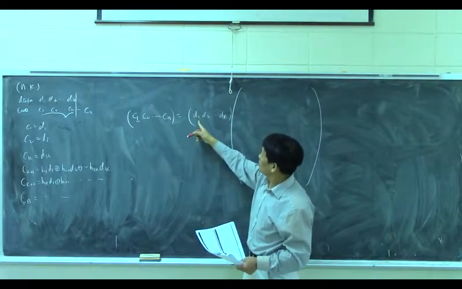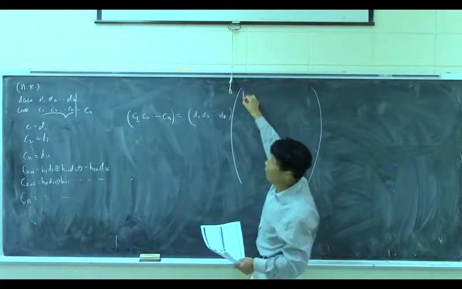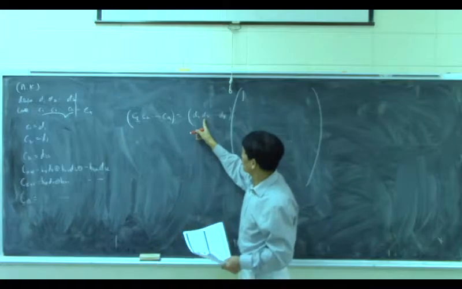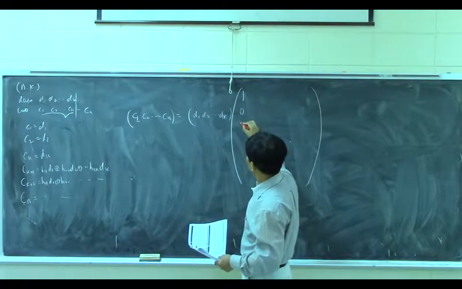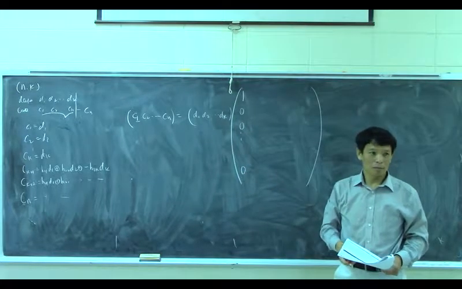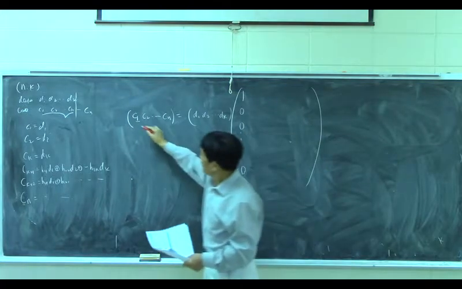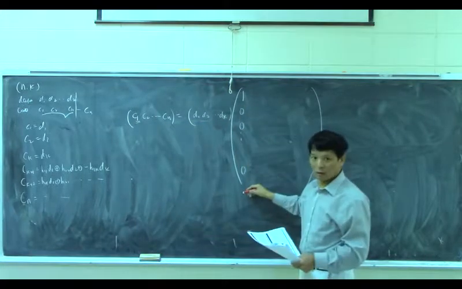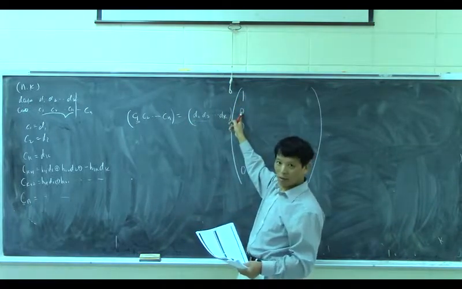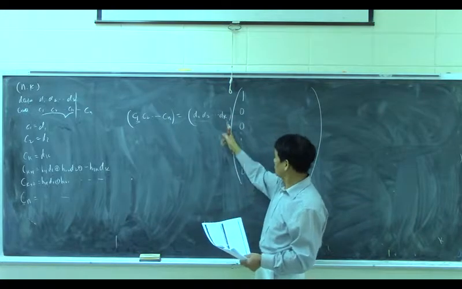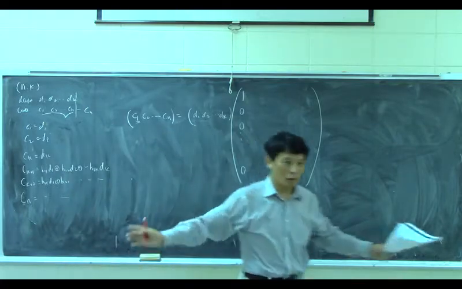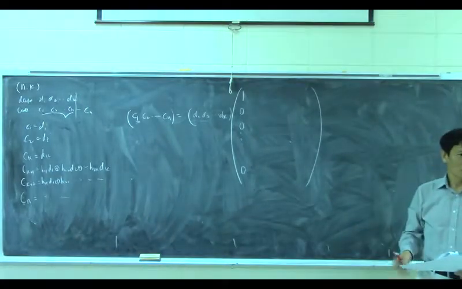C1 equals D1 times 1, then plus D2 times 0, plus next and all the way, all zeros here. So C1 equals D1 times 1 plus D2 times 0 plus D3 times 0 plus all the way to DK times 0. So that's why I get C1, which is only D1, nothing else. It's good?